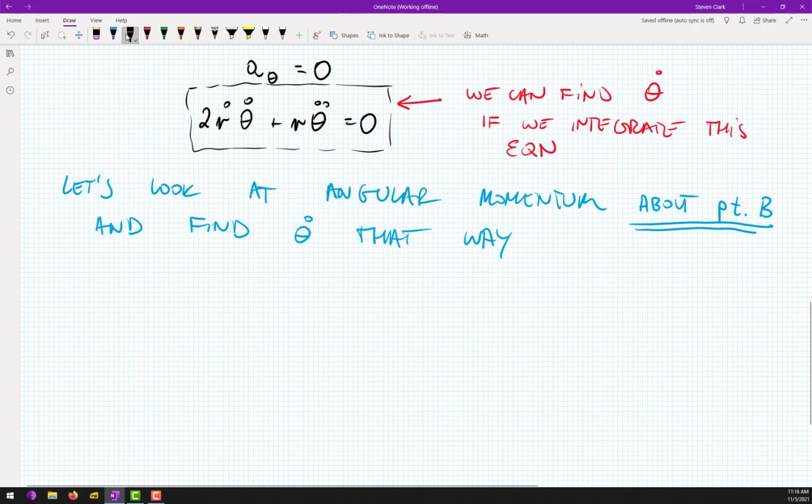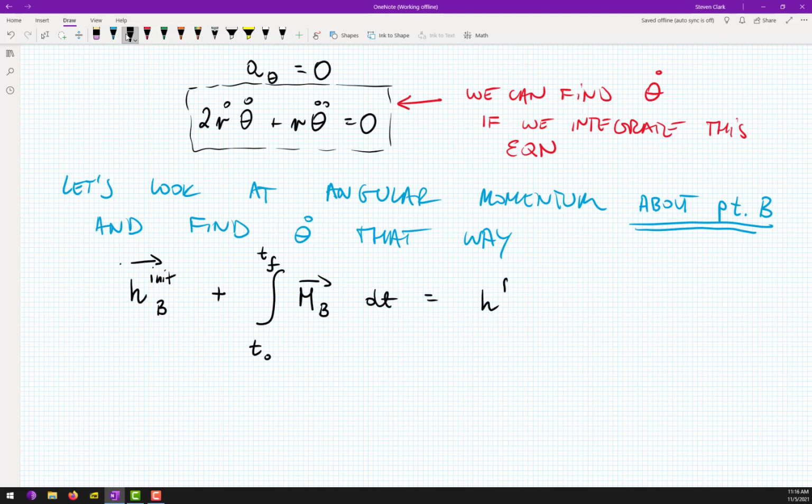Okay, so what I would like to do is write down the angular momentum equation. So it will be H initial about B plus integral from t0 to t final of moment about B dt, and this is equal to H final about B. However, we just care about the Z component of that vector, okay?